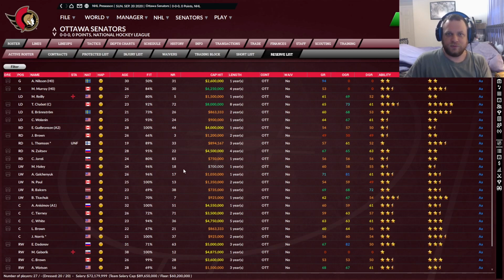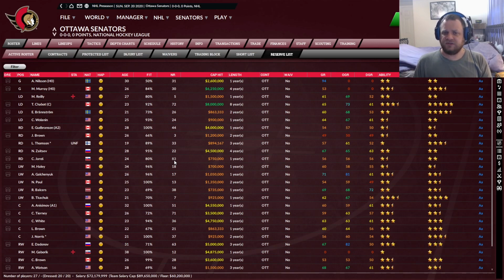The first way to acquire a player is probably the simplest of them all. It is to draft the player. Now, if you draft the player, obviously you're going to have control over that player's rights for a certain amount of time. We kind of saw that a little bit with restricted free agents, right? Whenever you sign a prospect to their first contract, it's always going to be an entry-level contract, and the terms are determined by the league depending on where the player is coming from and their age and everything.